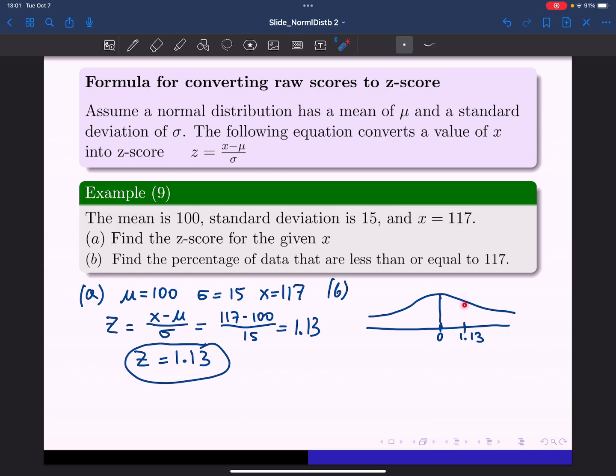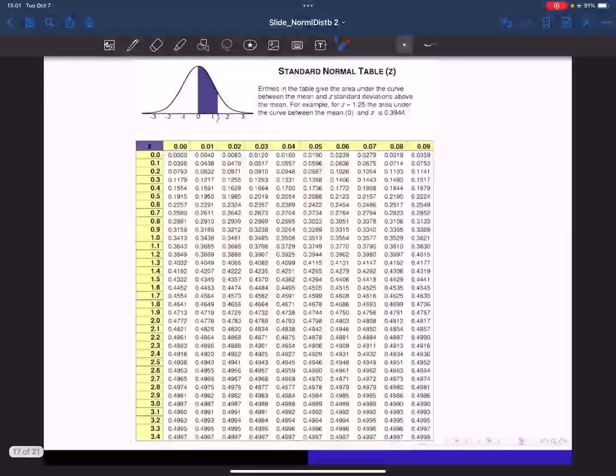Less than or equal to means it's going to be to the left. So we're looking for this total area. Now let's use the normal table first, since the table is going to give us only this area.